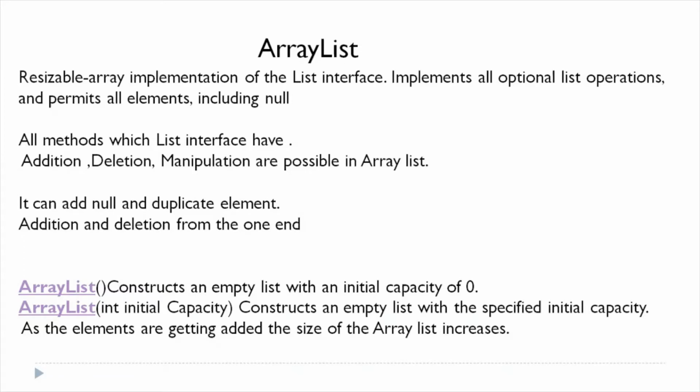So it provides all the manipulation from one end. Array list has a constructor that will create an empty array list with a capacity 0, and another constructor which can define initial capacity. So it doesn't bar the number of elements to be stored. Once the elements are getting added, the size of an array list will increase.